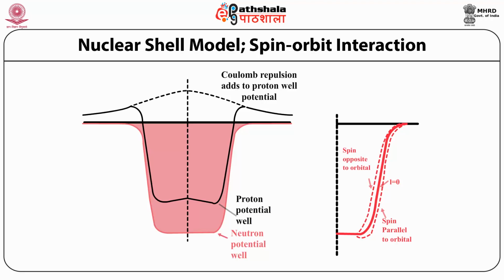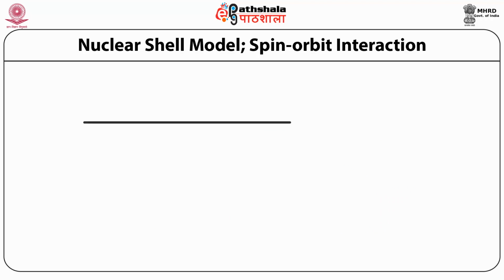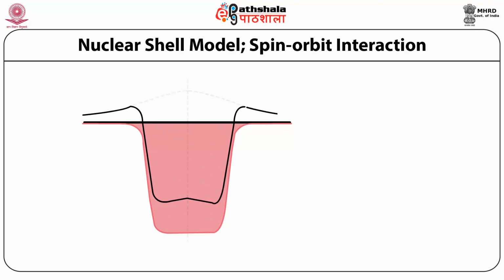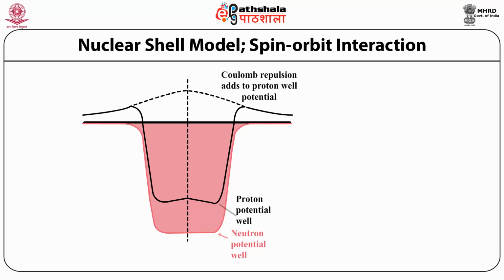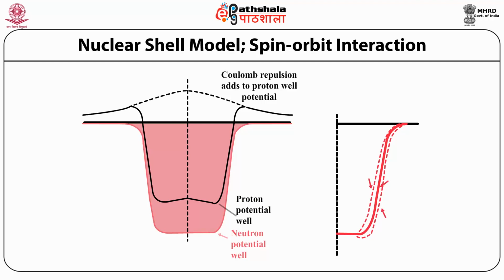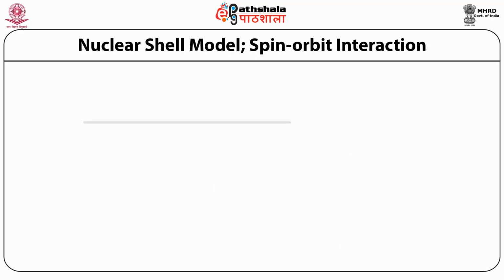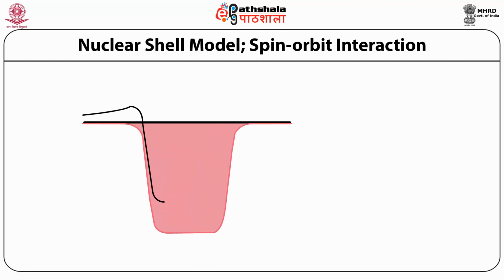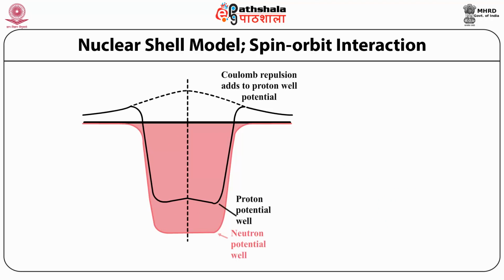For example, if we take the neutron potential well, with the inclusion of spin-orbit interaction for spins opposite to orbital, when S and L are in different directions, we find that the potential well becomes thinner. That is, the width of the potential well decreases.